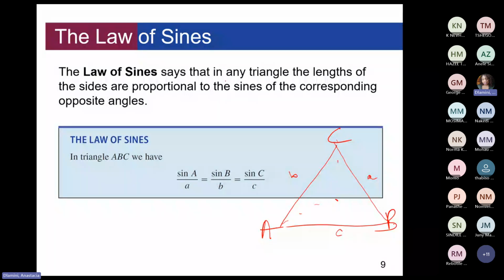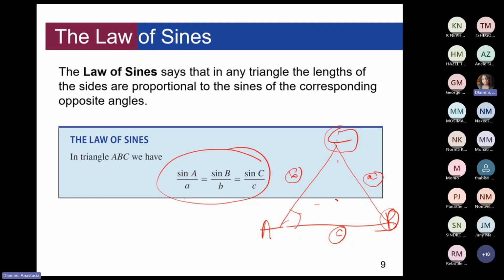Then they say the law of sines says that in any triangle, the lengths of the sides are proportional to the sines of the corresponding opposite angles, which gives us the sine rule. In triangle ABC, sine of A divided by this side a is the same as sine of B divided by side b, the same as sine of C divided by side c.